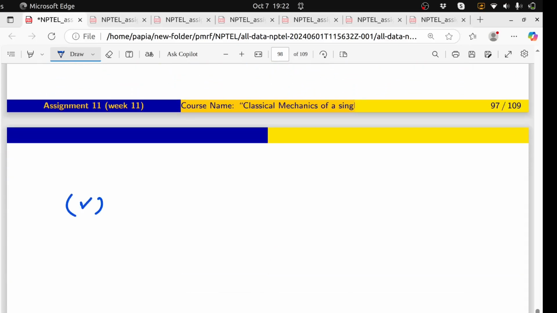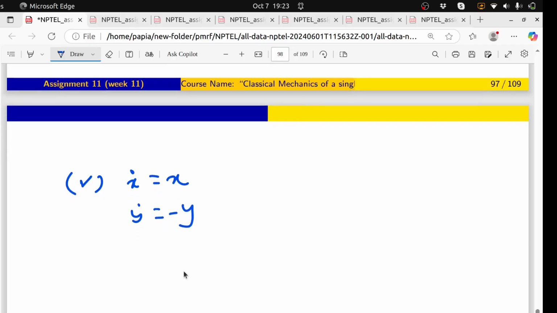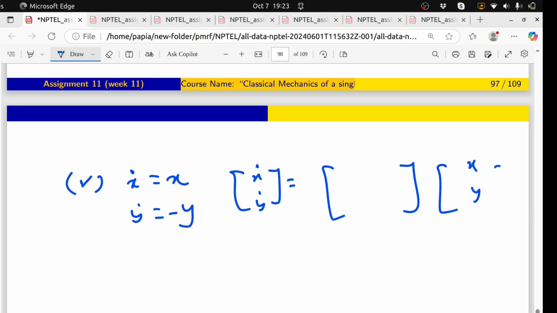Now coming to the fifth option. It was x dot is x, y dot is minus y. So it is x dot, y dot equals the matrix 1, 0, 0, minus 1 times x, y. Lambda 1 is 1, lambda 2 is minus 1. Right?